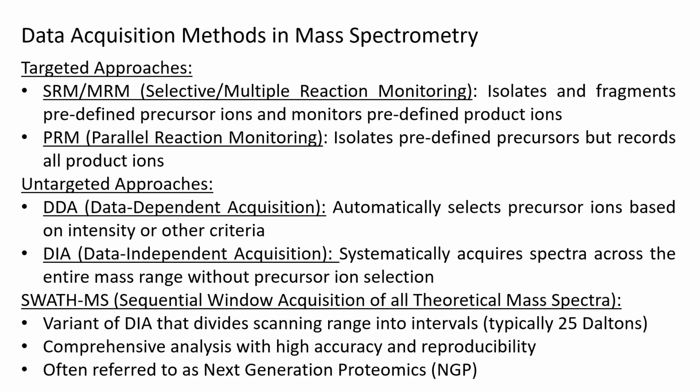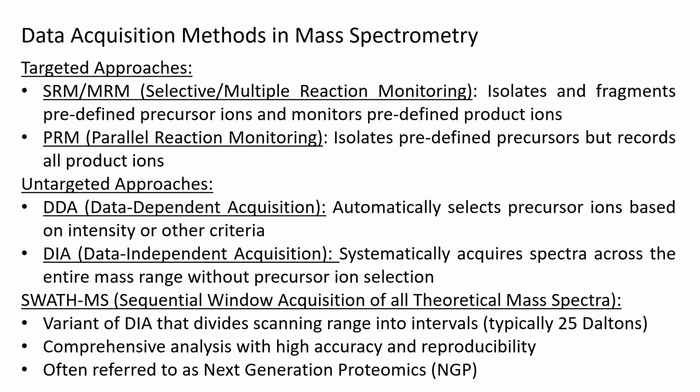Then you have parallel reaction monitoring, which isolates predefined precursors but records all product ions. Then, under the untargeted approach, you have data dependent acquisition, which automatically selects precursor ions based on intensity or other criteria. And then you have data independent acquisition, which systematically acquires spectra across the entire mass range without precursor ion selection.